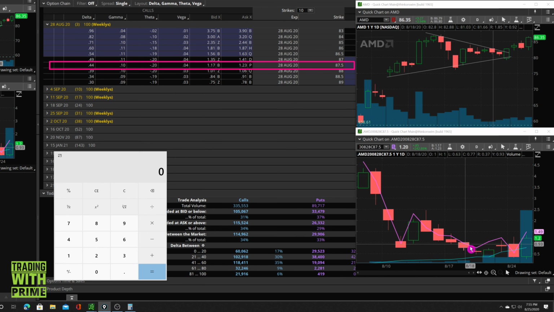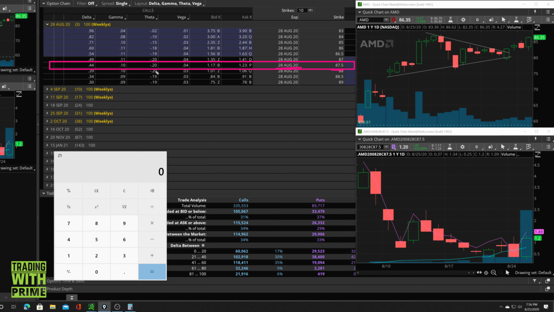If you're not buying it on the correct day and you miss the actual buying opportunity, you may lose money, lose all of your money, or not make very much money. So part of the key is really timing this right and selecting the right contract. In this analogy, we're going to use this 87 strike, 28th of August contract.